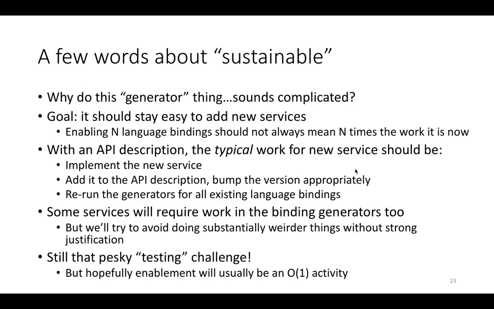So there are some alternatives that I could have pursued here. I could have used something like Swig, for example, to automatically generate alternative language bindings from the existing implementation classes. That would avoid having to write new generators.